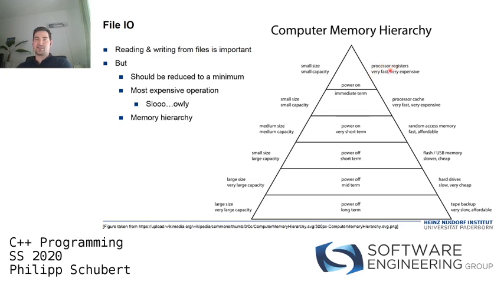Your processor has some processing units, and it also has some registers where it can store values. Those are very, very fast, but also very expensive, so you can only afford them in a small capacity. You can't store much in the registers. And those only work with power on. Once you turn your machine off, registers are killed because they need power to keep those values in memory.